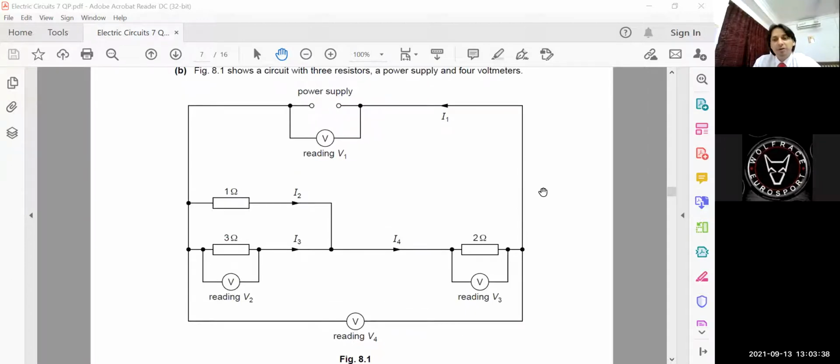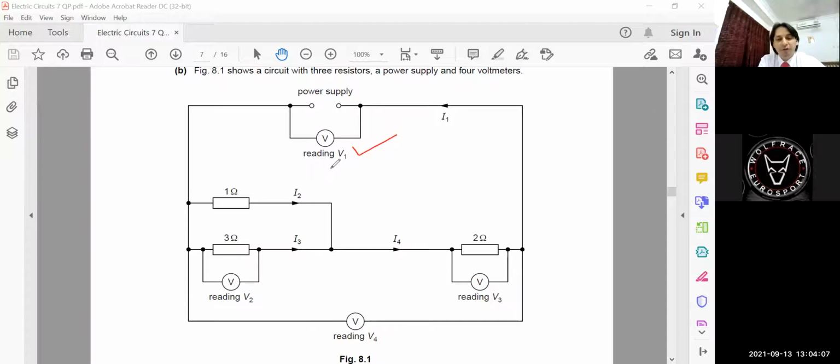What you find is voltage. What are the two expressions for voltage? One I can find here: in the parallel combination, voltage remains the same. This voltage reading here is V1.